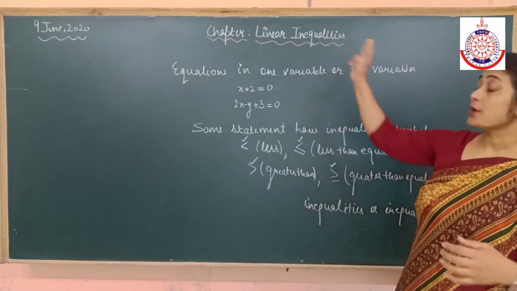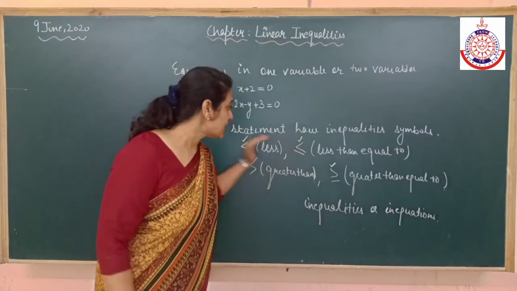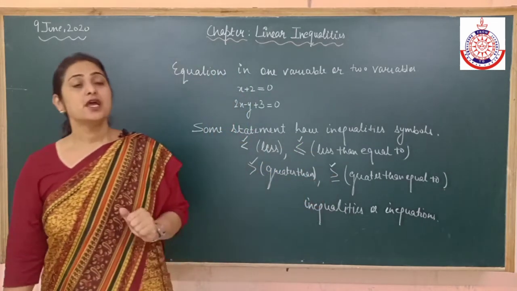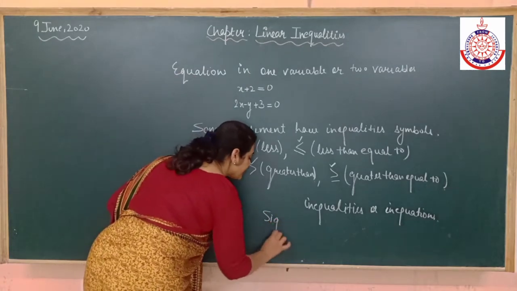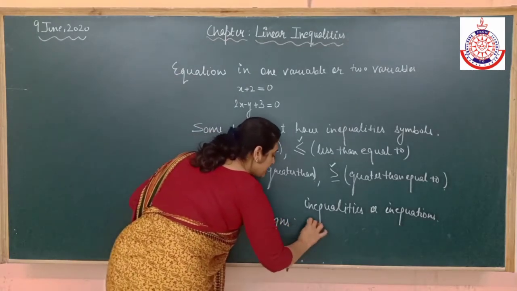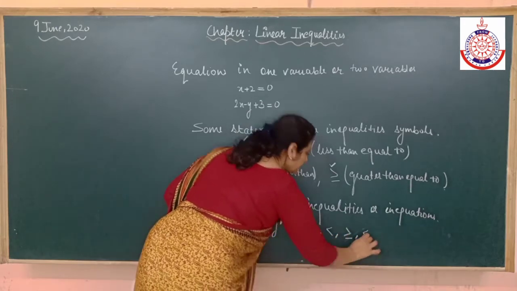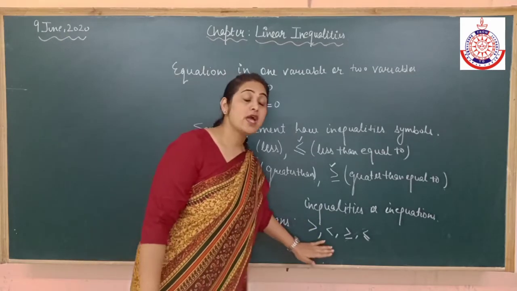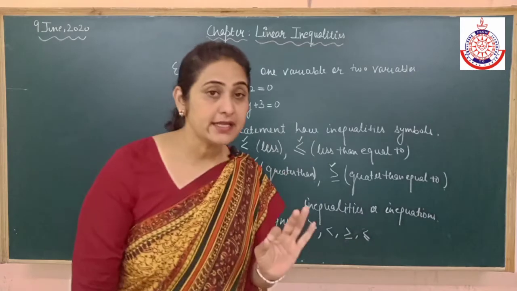So this topic, linear inequality, is all about inequalities. We are going to deal with these four signs. Clear? In any expression where we use these four signs, they are called inequalities.